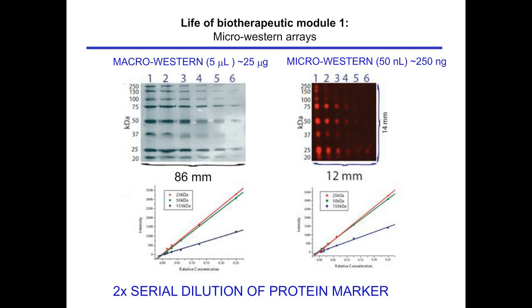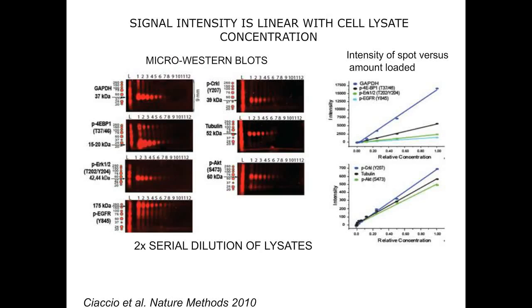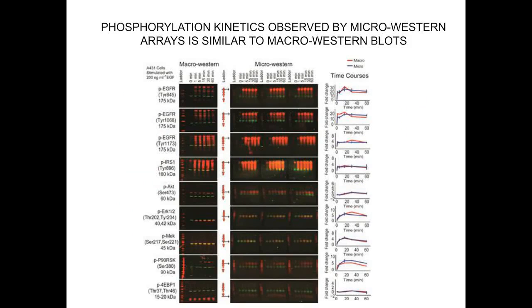And then we showed that the signal that we got from these arrays was linear with regard to abundance of proteins, and that they were analogous to macro-Western blots. But the cool thing with micro-Western arrays is that you could use a lot less protein than you would normally use with a Western blot, and you could perform these experiments in a more automated manner in microtiter format.